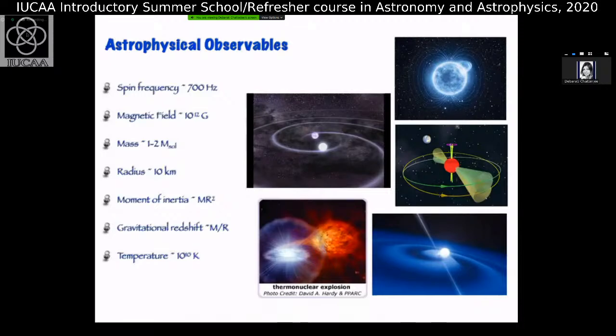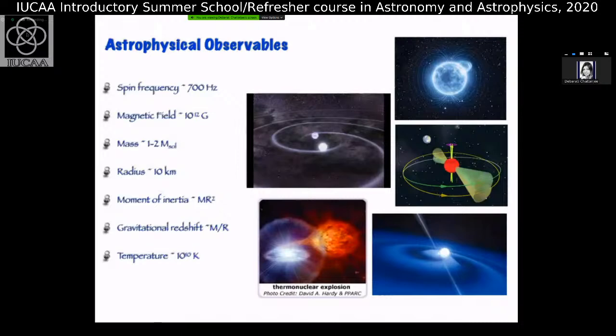So it's a rapidly spinning system. We already talked about magnetic fields derived from observations of spins, and also from cyclotron line emission from neutron stars. The magnetic fields are typically about 10 to the 12 Gauss, but as we already saw, for magnetars, these could be as high as 10 to the 14, 10 to the 15 Gauss.